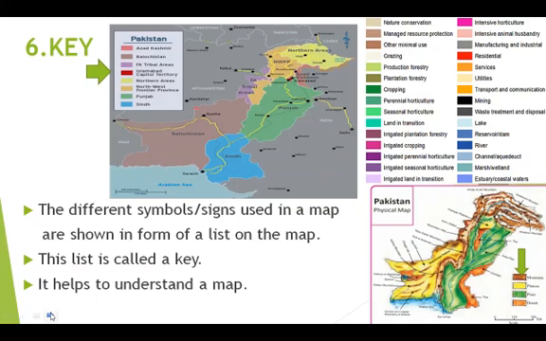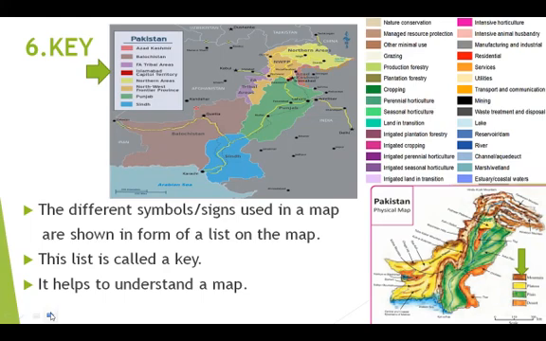Dear students, on the screen, you can see different color images with certain features. On any map, with the help of these images, we can easily read the map or understand the map area.